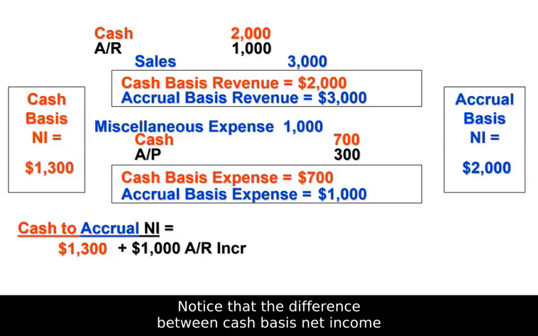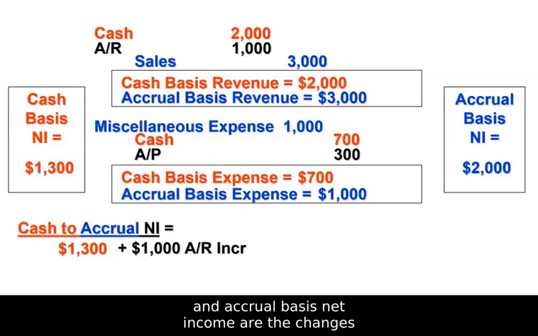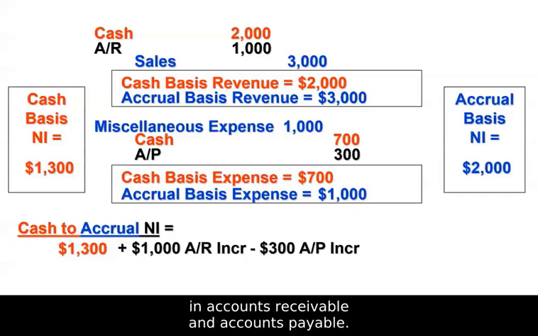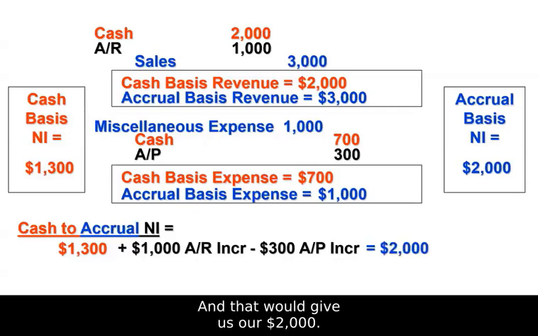Notice that the difference between cash basis net income and accrual basis net income are the changes in accounts receivable and accounts payable. So we would add the increase in receivables and subtract the increase in the payable, and that would give us our $2,000.